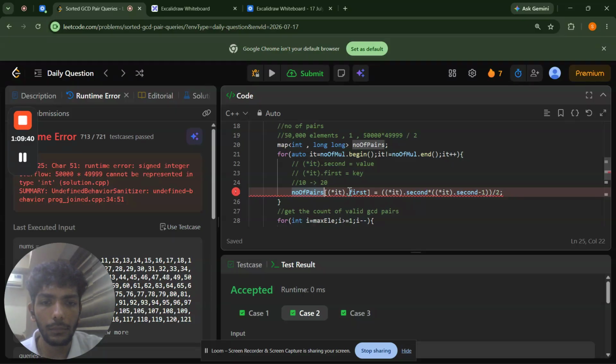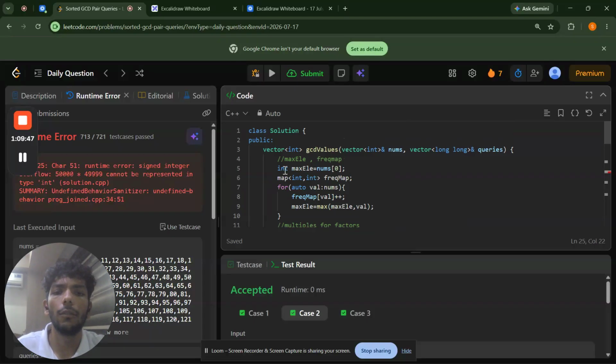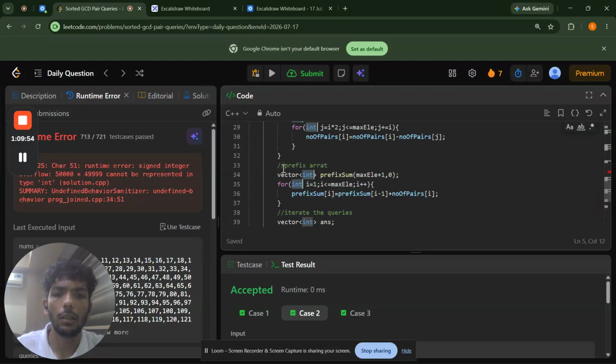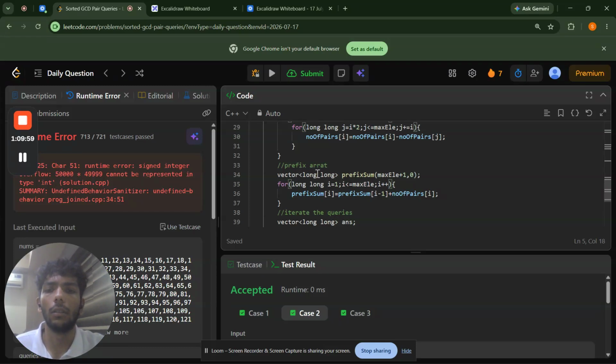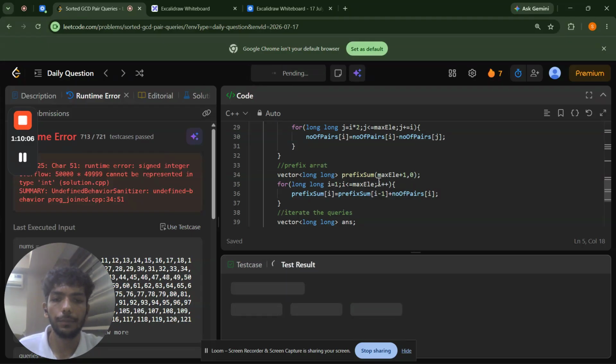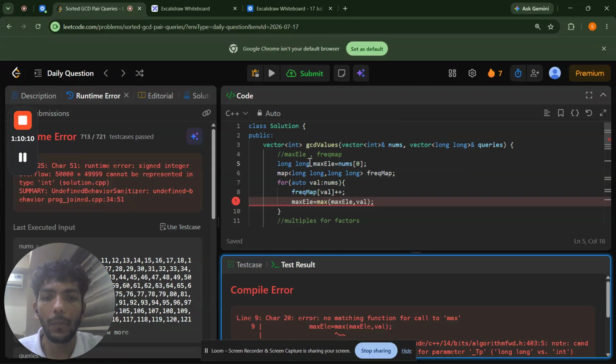If you don't understand, what one should do is convert everything into long and then use this test case and try.